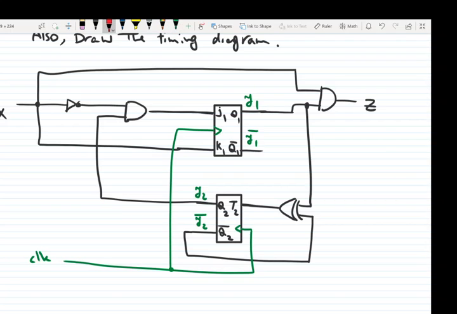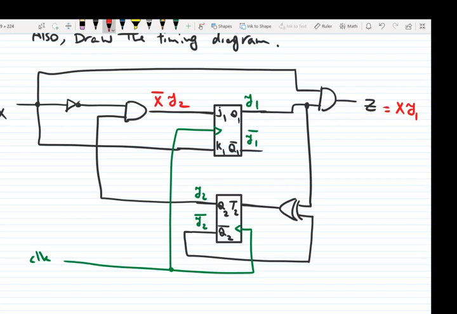The second thing after labeling the outputs with Y instead of Q is to determine the output of each gate. For the first AND gate on the left, we have X bar Y2. The output Z is equal to X Y1.